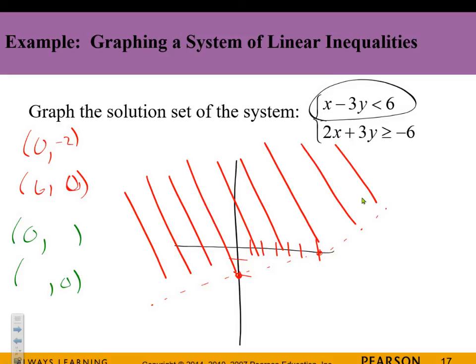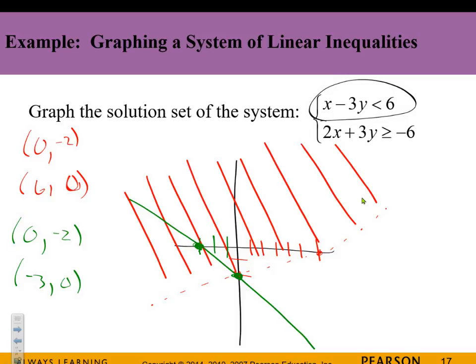If x is 0, y is going to be a -2. If y is 0, we're going to get a -3. So we have a point here again. Are we shading above or shading below?